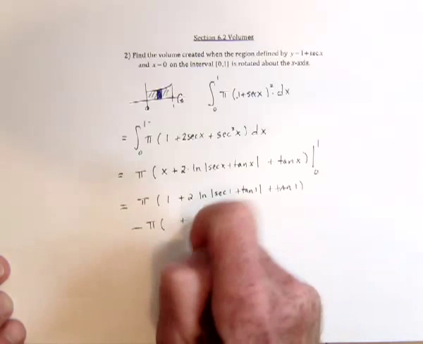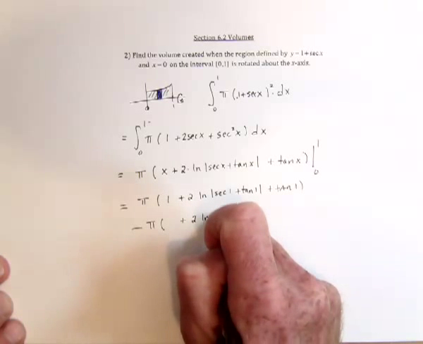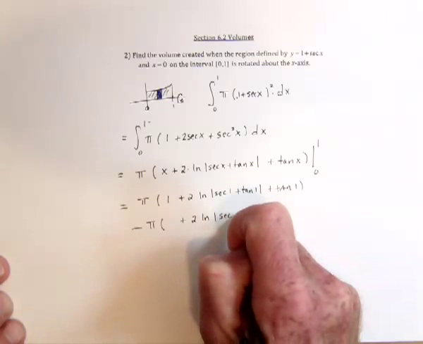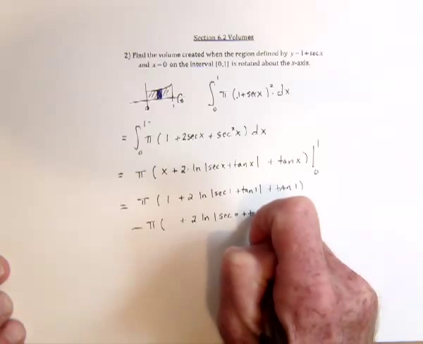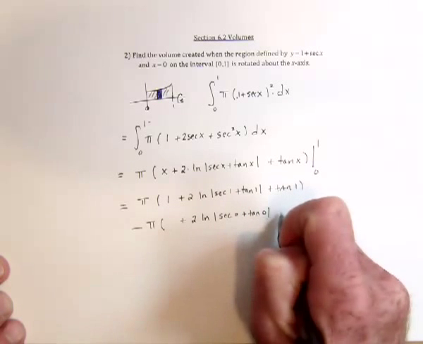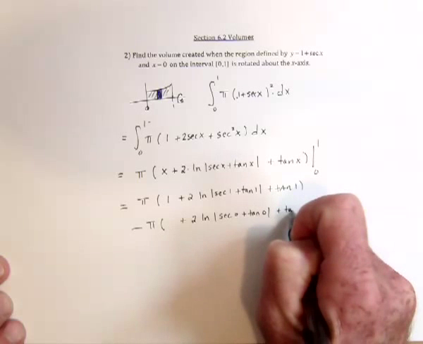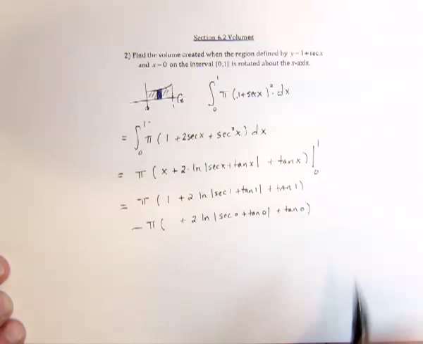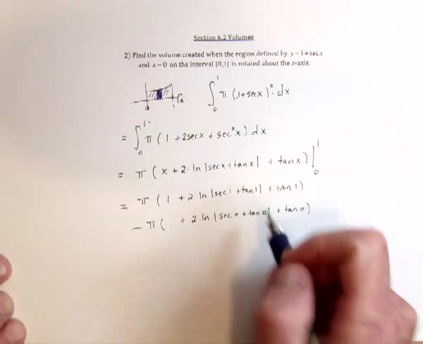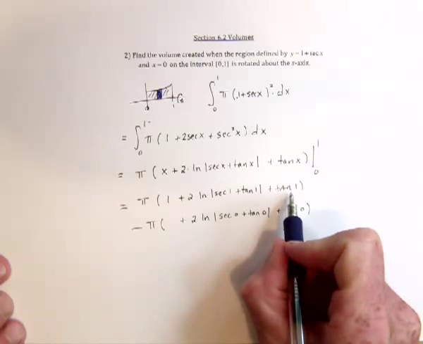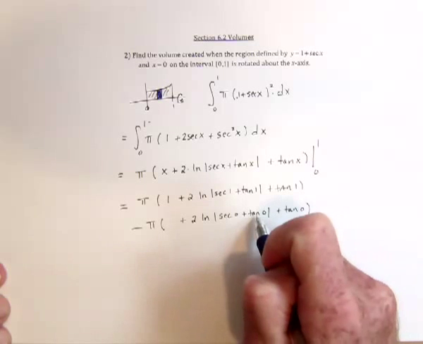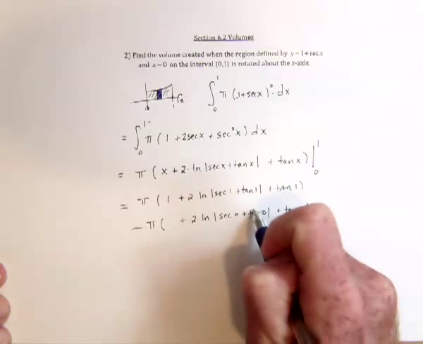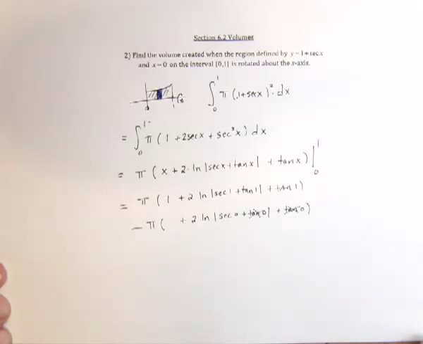Then we've got 2, the natural log secant of 0 plus tangent of 0 plus tangent of 0. Well, you've got to make sure that your calculator's in radians and just type that in. Tangent of 0 is 0, so this is actually gone and this is actually gone.